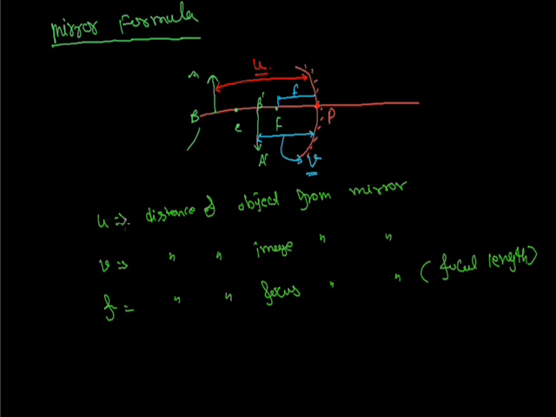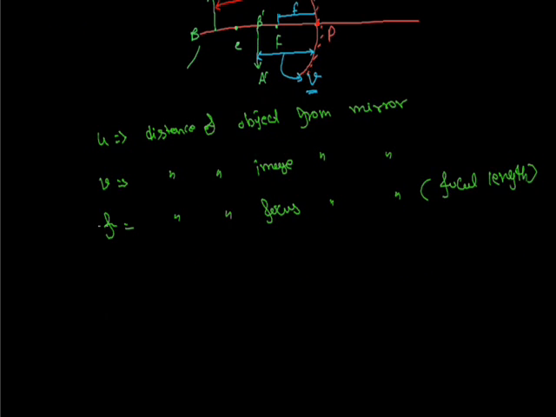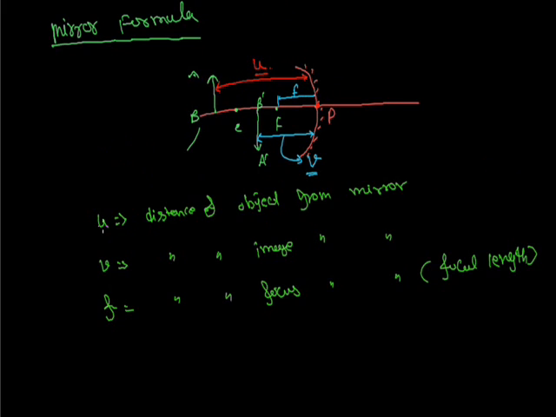Every time we will not mention it like this with a diagram, so we have to go to a mathematical approach. In the mathematical approach, we can calculate either the distance of the object from the mirror, or the distance of the image from the mirror, or we can find the focal length of the mirror by using a mathematical expression.